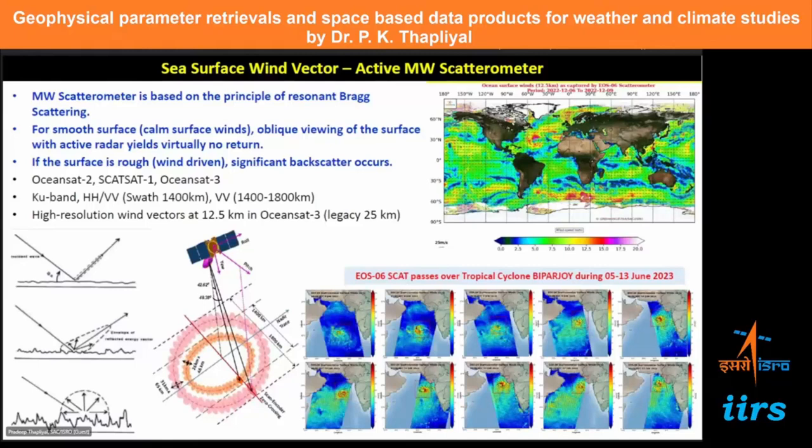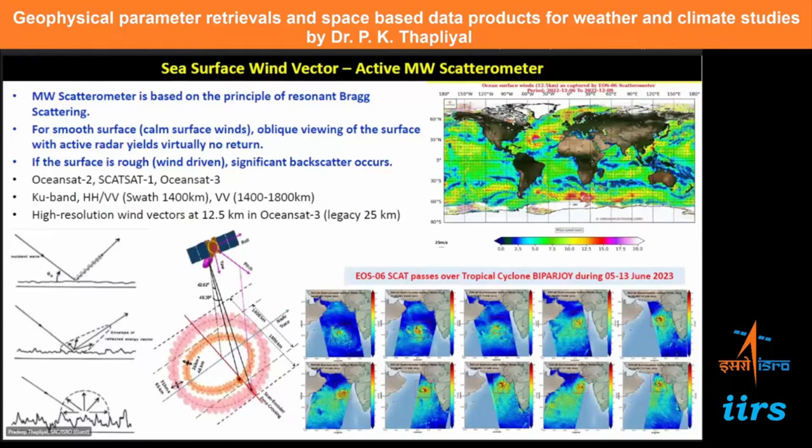Now you also want to get the wind direction. To get the wind direction, you have to make measurements in two different directions, forward direction and backward direction. Because if wind is blowing in the forward direction, there will be large ripples in the forward direction and fewer in the backward direction. So if you make a measurement in the forward direction and then again in the backward direction, your backscattered radiation will be different.